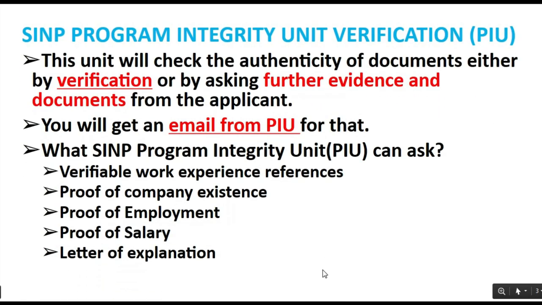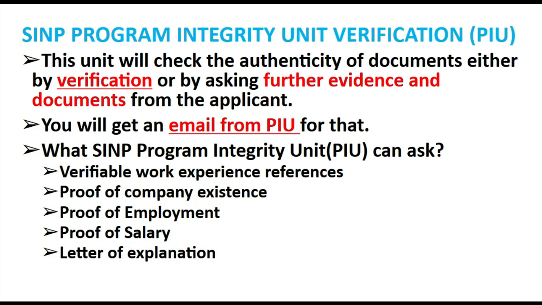This unit can check the authenticity of your documents either by verification or by asking for further evidence and documents from the applicant. It means that you will be requested some additional documents as part of evidence, or you will get a verification call or email.